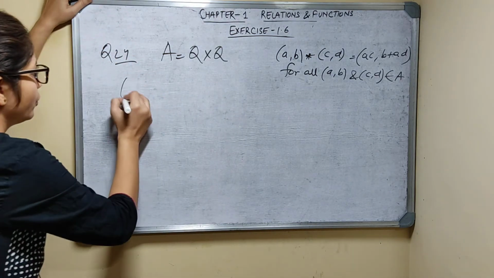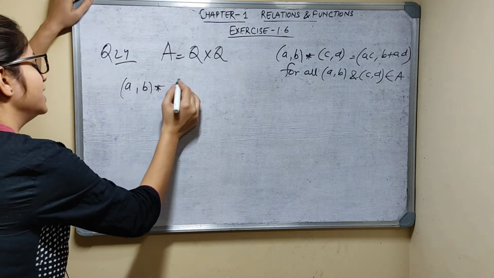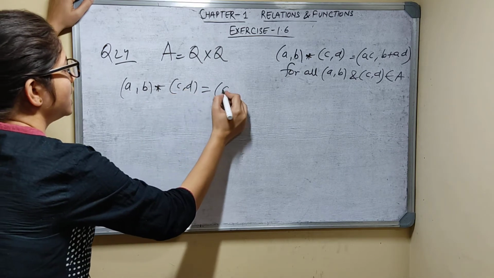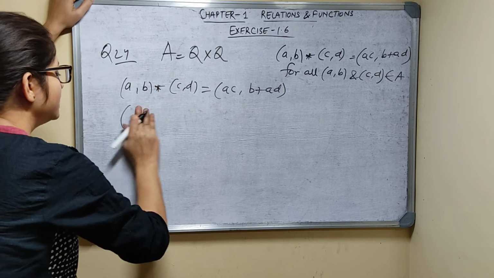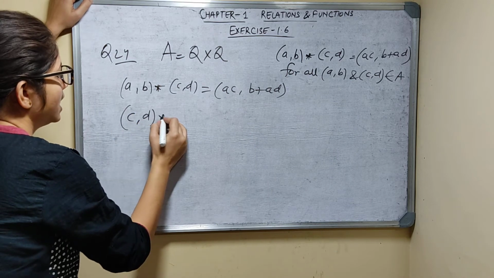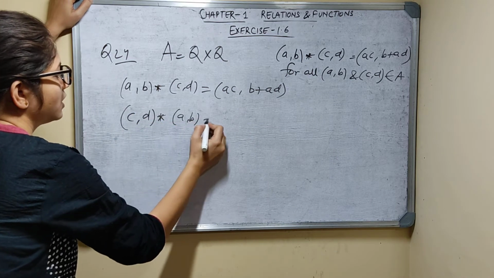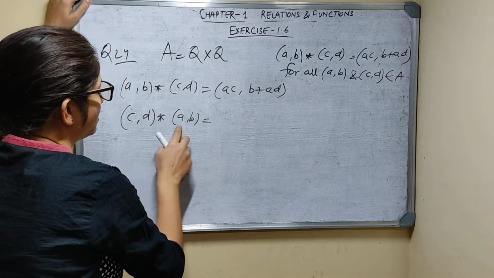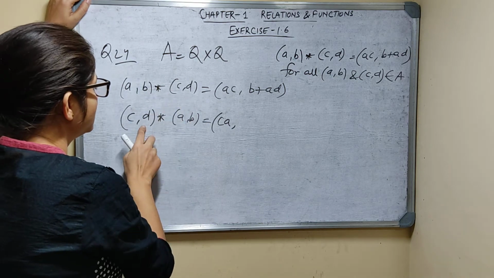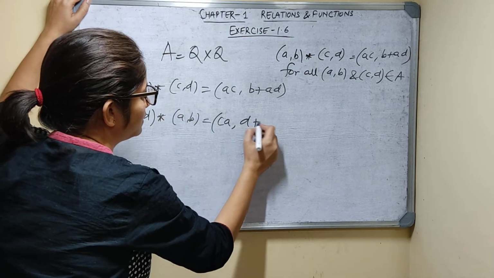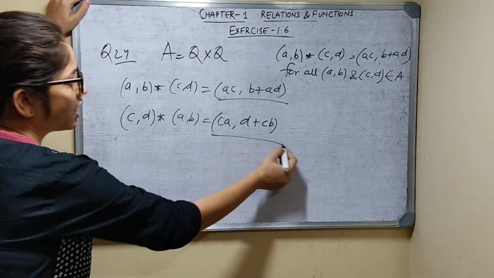So I will show you. (a, b) star (c, d) is equal to (ac, b plus ad). If I do (c, d) star (a, b), I will get (ca, d plus cb). So definitely both are not the same.